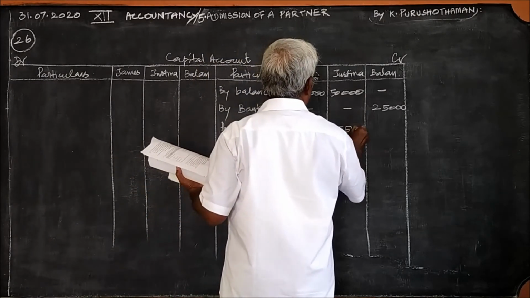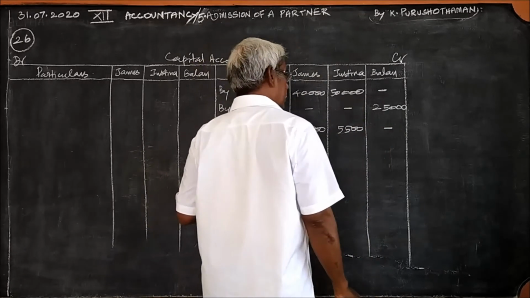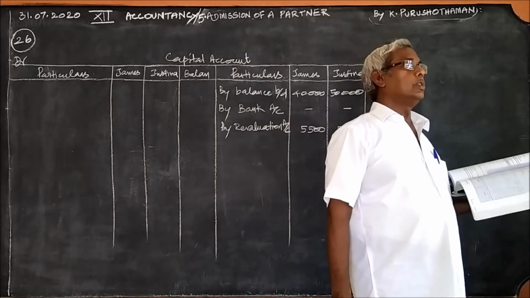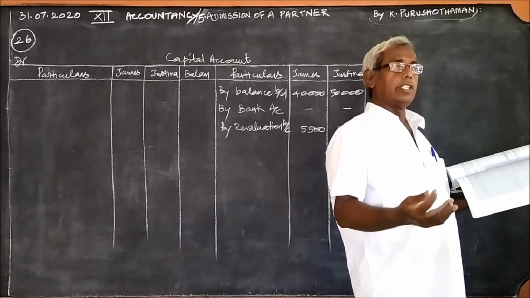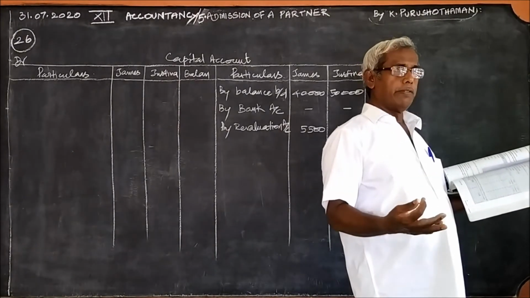They are equal partners. After writing it, we should check whether there is profit and loss account, goodwill, general reserve fund, workmen's compensation fund.